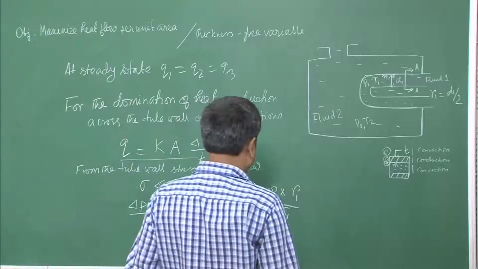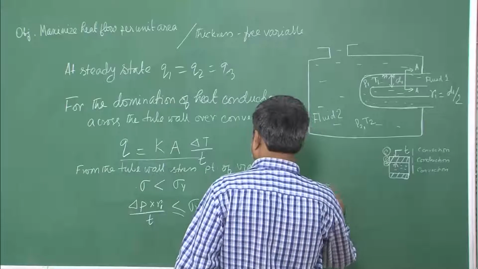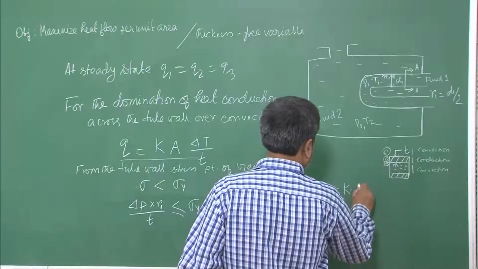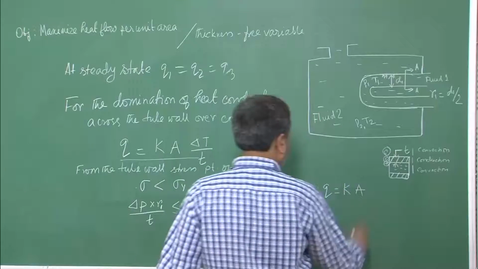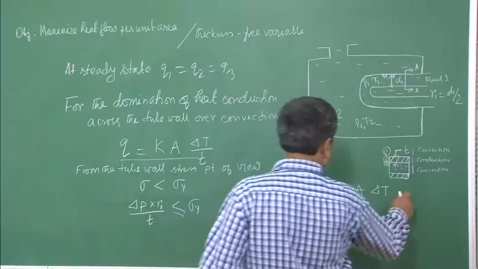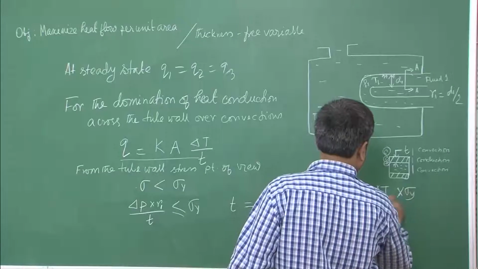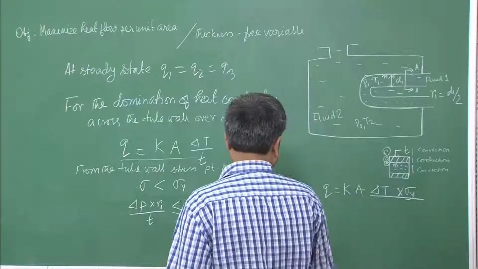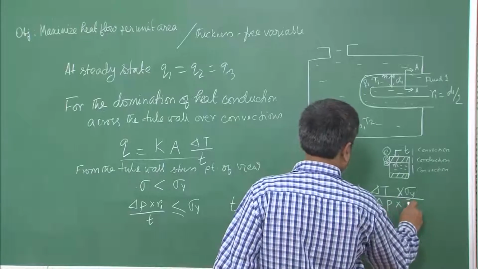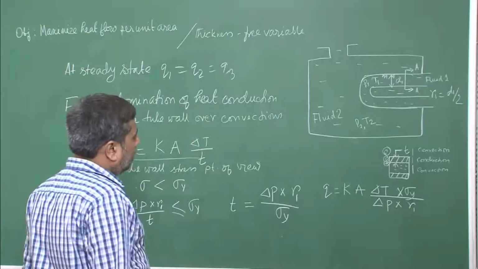So, that means I can write here that Q equals K A delta T times sigma y divided by delta P times R1, right.